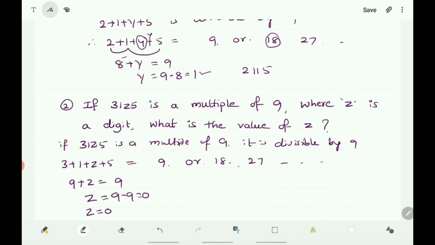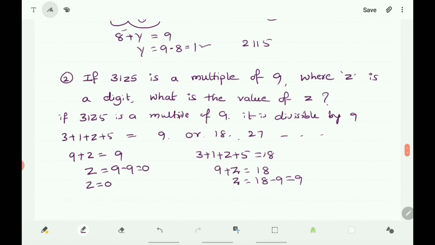Again, if you want to have the sum 18, that is 3 plus 1 plus z plus 5 is equal to 18. The sum of 3, 1 and 5 is 9, 9 plus z is equal to 18, so z is equal to 18 minus 9, that is 9. Here z is equal to 0 or z is equal to 9.